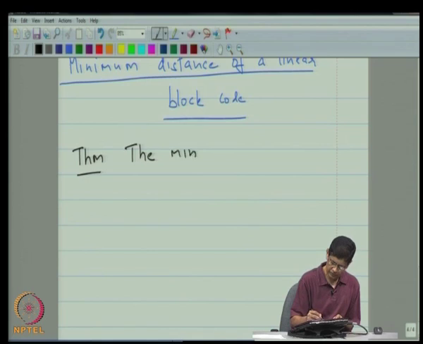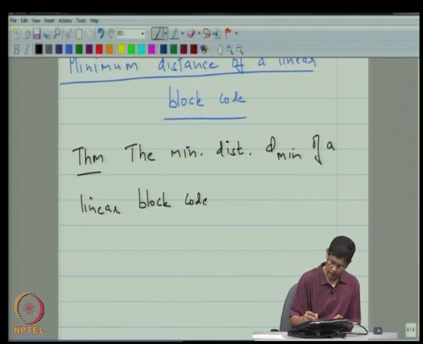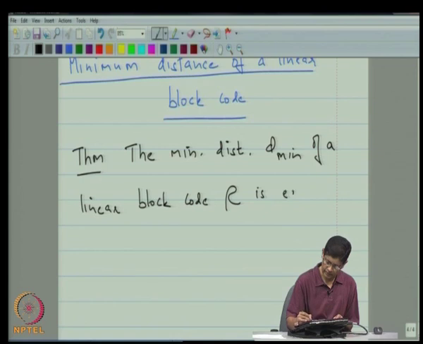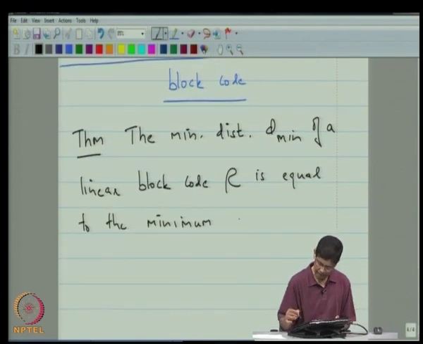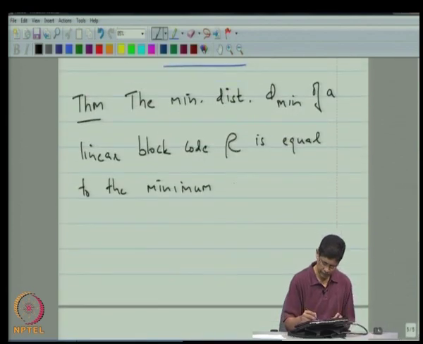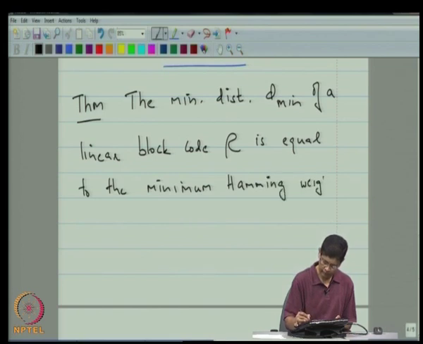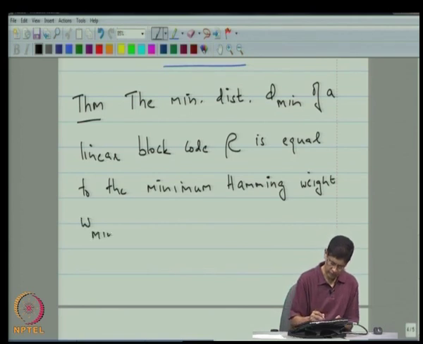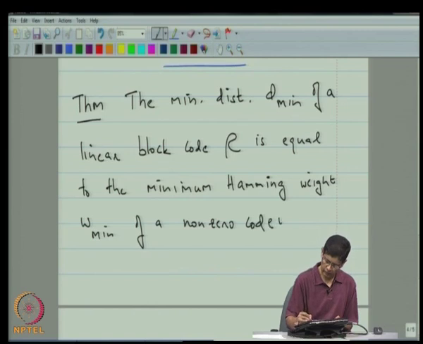The minimum distance d min of a linear block code C is equal to the minimum Hamming weight w min of a non-zero codeword.